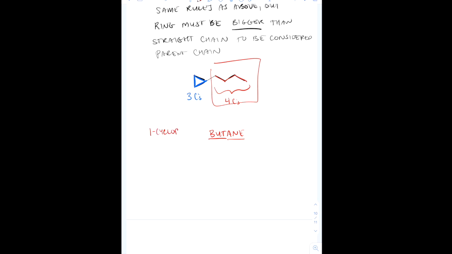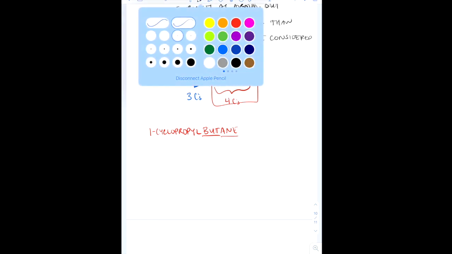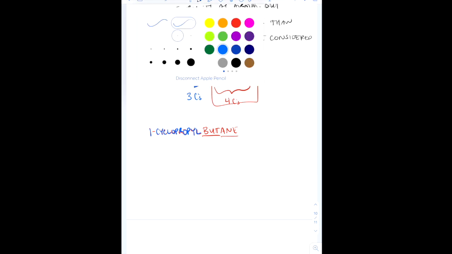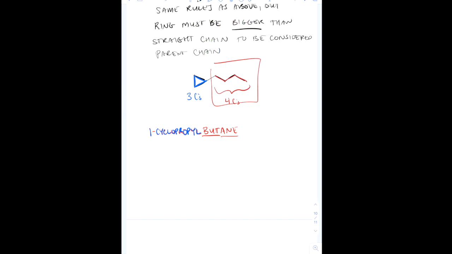So it's 1 cyclopropyl butane. Okay, and so remember, since it is a substituent, it does end with a YL, and it is 1 cyclopropyl. So let me actually just write that in blue, so that way it matches the structure above. I like when it matches. It's gorgeous. It's gorgy.